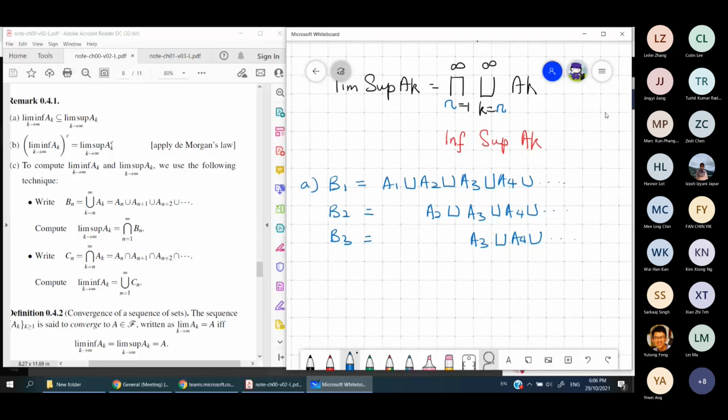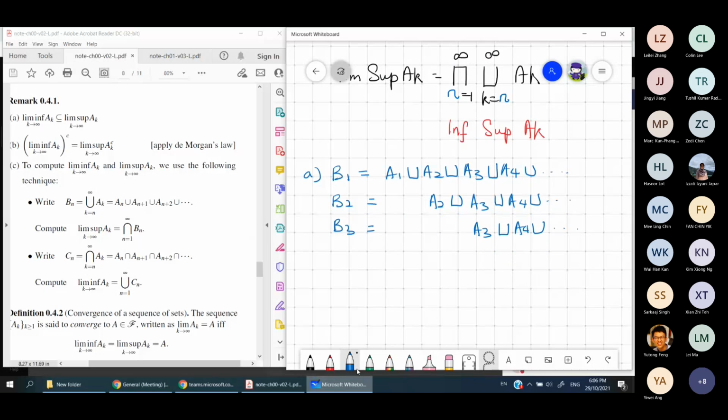Similarly, we can compute, using the symbol C, C1, where we just change the operation. C1 will be A1 intersect A2 intersect A3 intersect A4, and so on. C2 is A2 intersect A3 intersect A4, and so on.